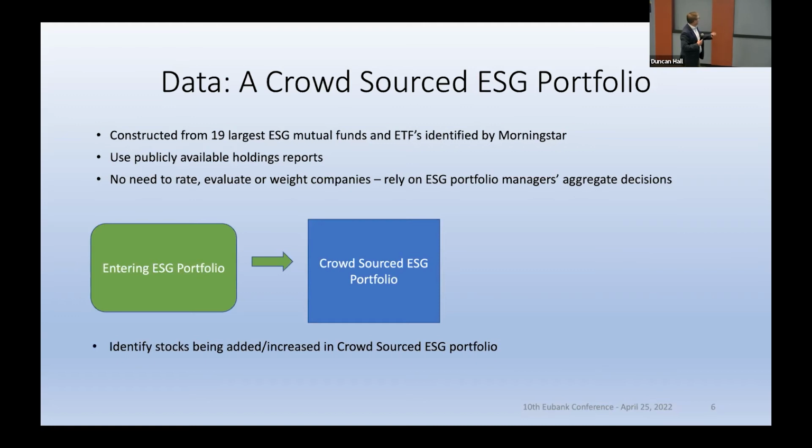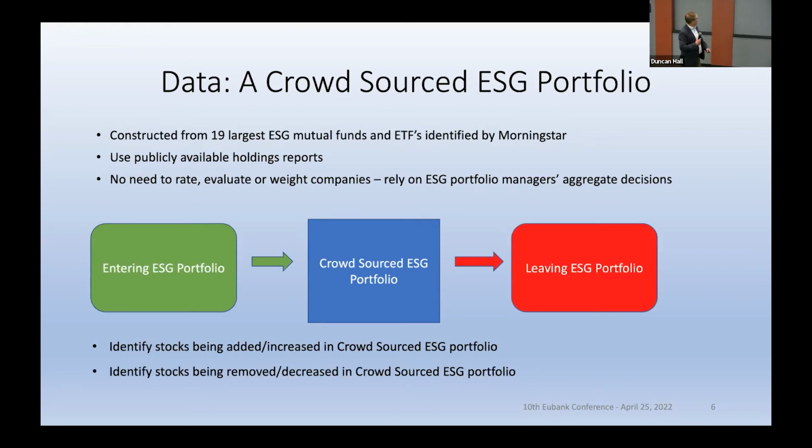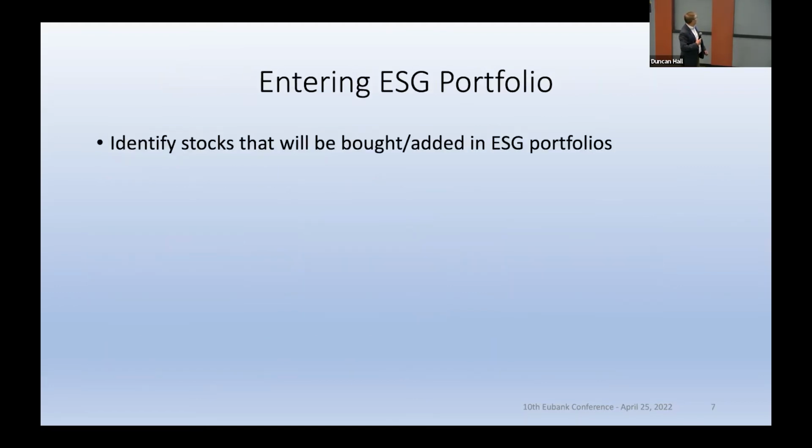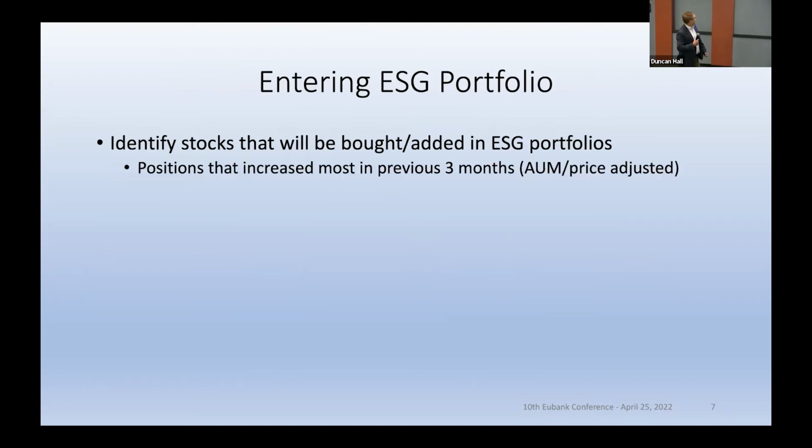Now our goal was to identify the stocks that are going to be added into this crowdsourced portfolio, and we want to identify the ones that these portfolio managers are going to be selling in aggregate. It turns out the best predictor we found for what's going to be added into the crowdsourced portfolio is the stocks that were added over the last three months.